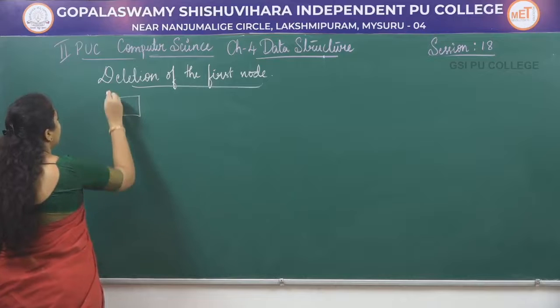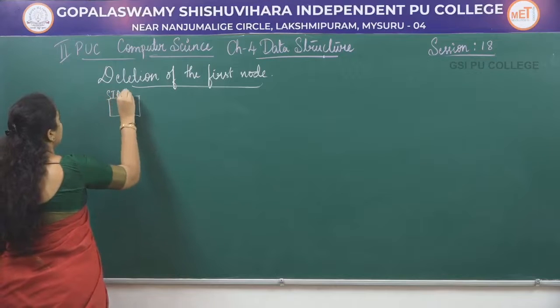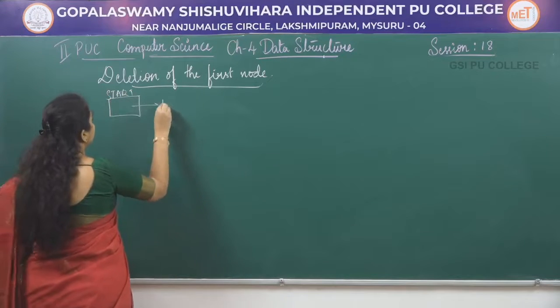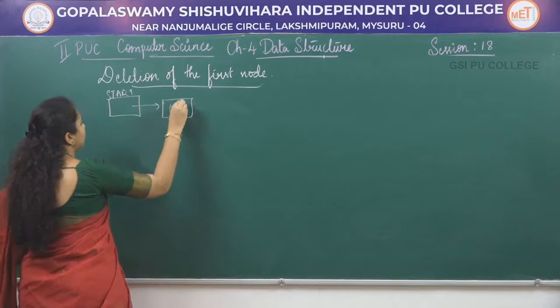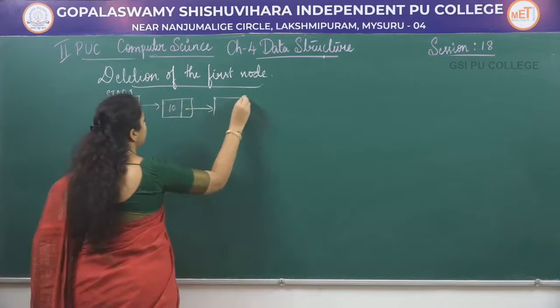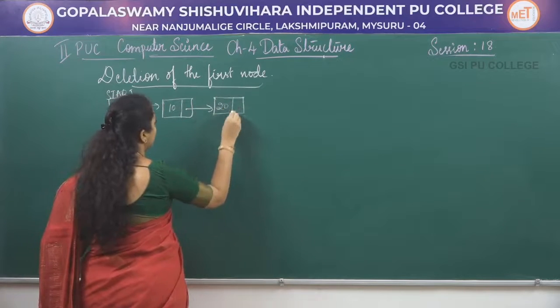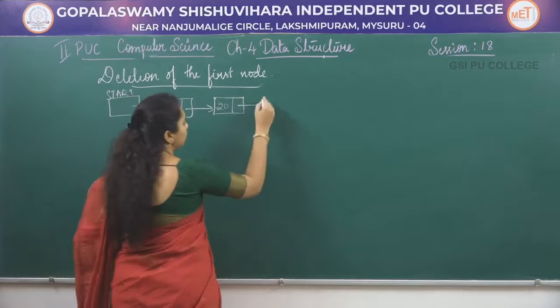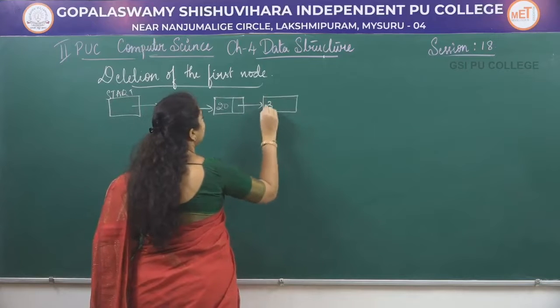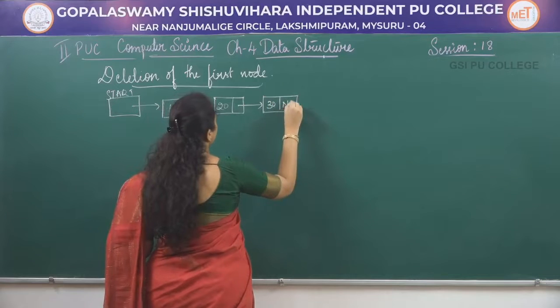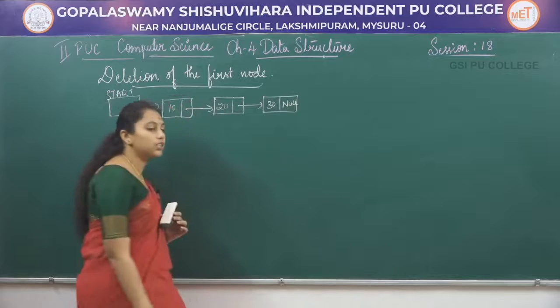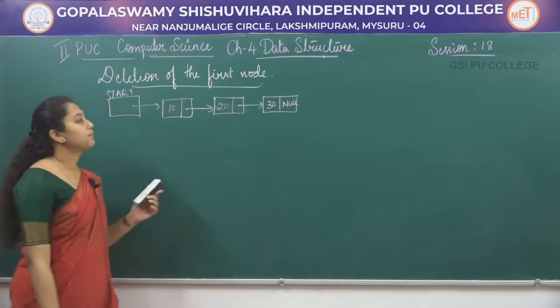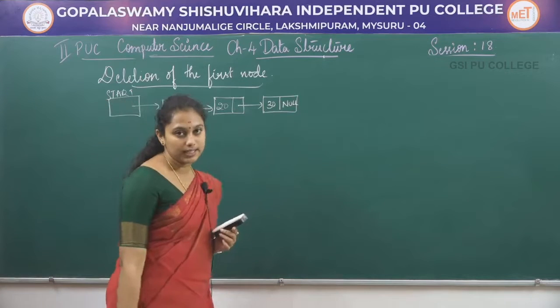So see here, the start pointer contains the address of the first node and this first node contains the address of the second node and the second node contains the address of the third node. So the link part of the third node contains null, which represents the end of the linked list.